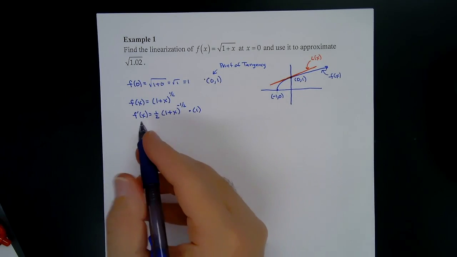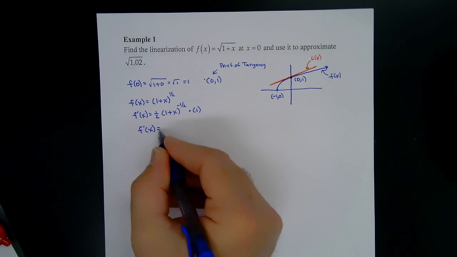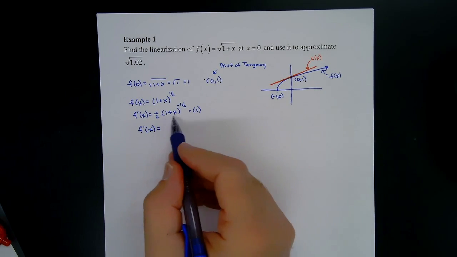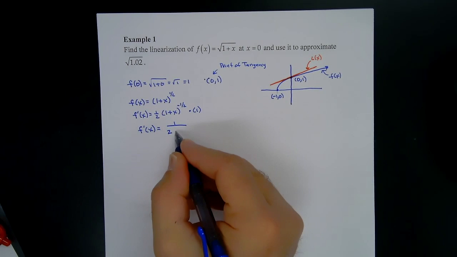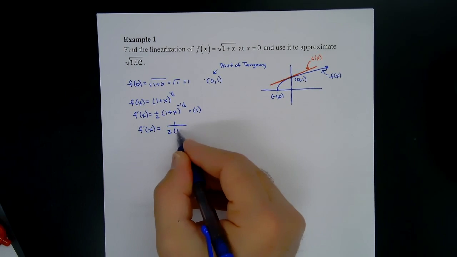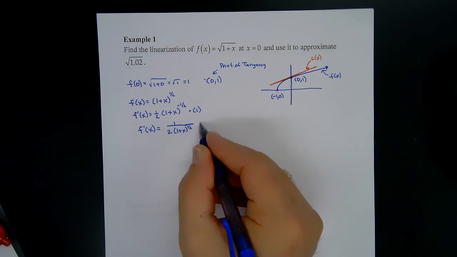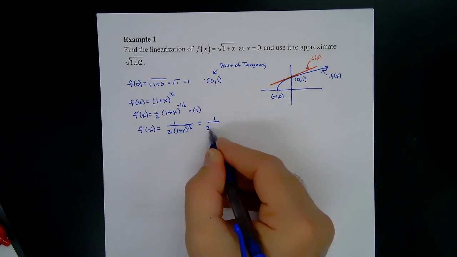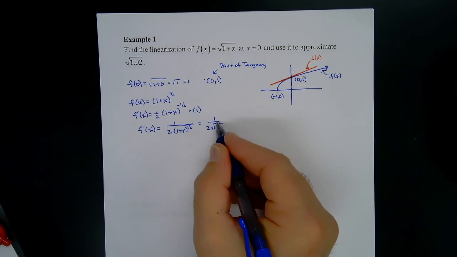So then f prime of x is equal to 1 on top, and the bottom is 2 times 1 plus x to the 1/2 power, or 1 over 2 square root of 1 plus x. You could write it either way.